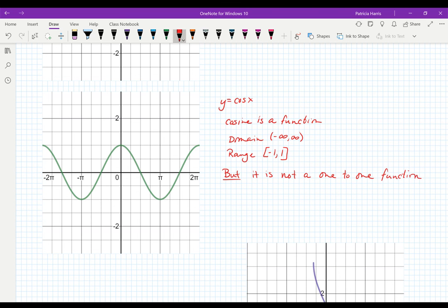Okay? So what we do is we selectively look at the domain of cosine and pretty much force it to be one-to-one, similar to sine. However, we use a different cut. Okay? So cosine is going to go from 0 to pi. Okay, if we just look at that, then our function is one-to-one.